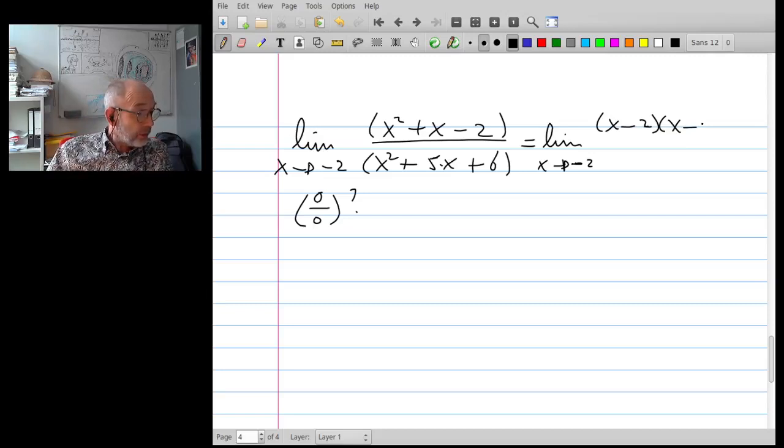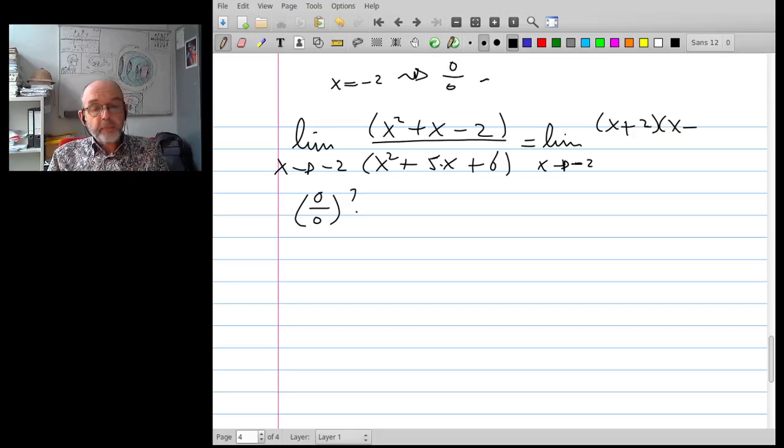I mean, x plus 2 is a factor, since x = -2 gives 0 divided by 0. That means x plus 2 is a factor of both polynomials.